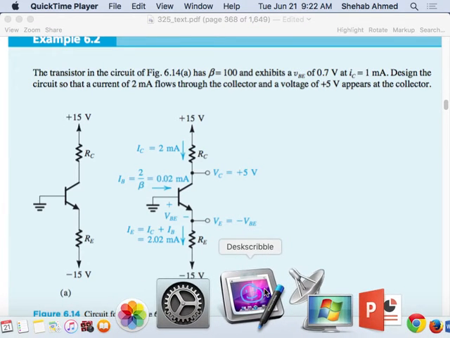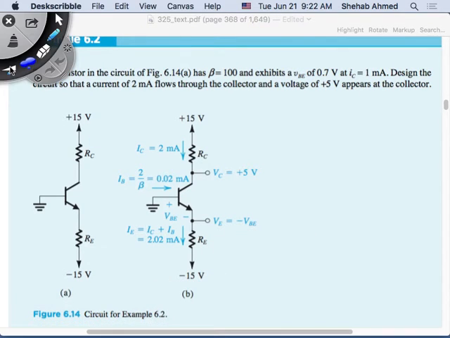So let's go about this. They give us, this is 15 volts, they give us beta is 100. And yesterday we talked about, beta is a device characteristic, right? However, this beta changes when you get into saturation mode.